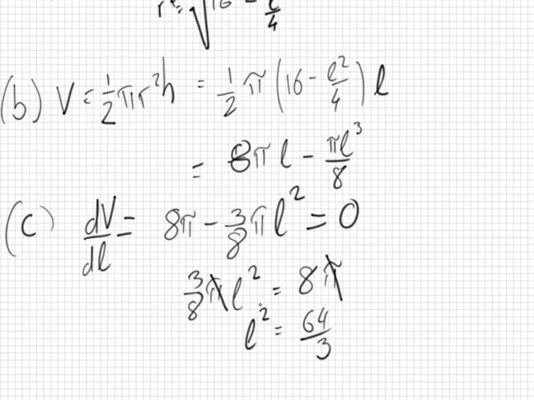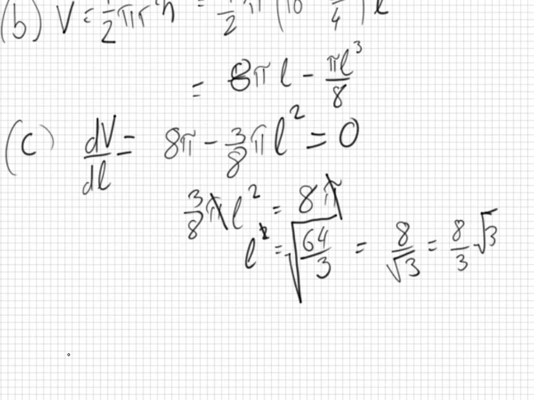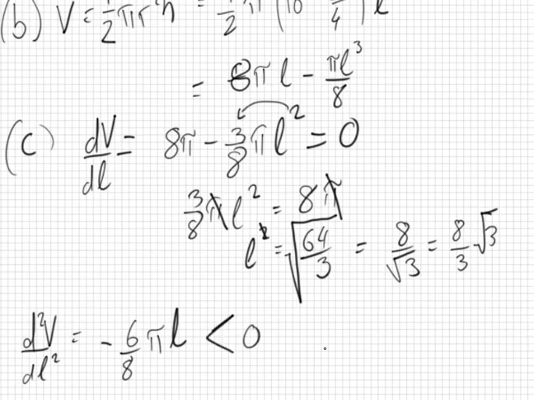So then the L would be the square root of that, which would be 8 over root 3. Or if you want, you can also write that answer as 8 root 3 over 3, if you want to write it like that. But we have to make sure it's a maximum, so the second derivative here will be minus 6 over 8 pi L, because the 2 comes down, which is negative, so therefore it's a maximum.